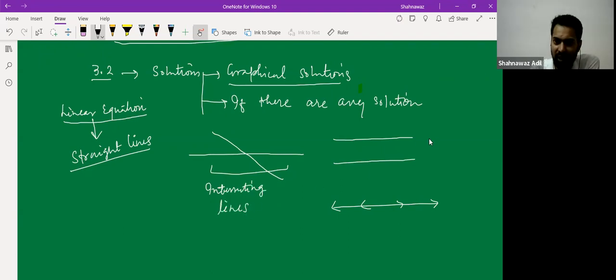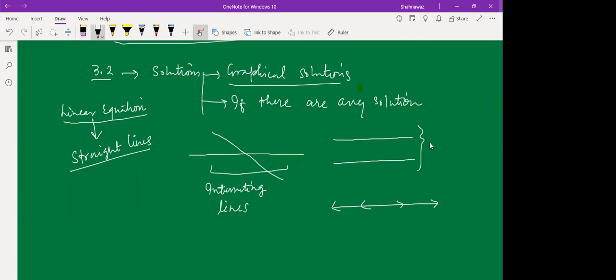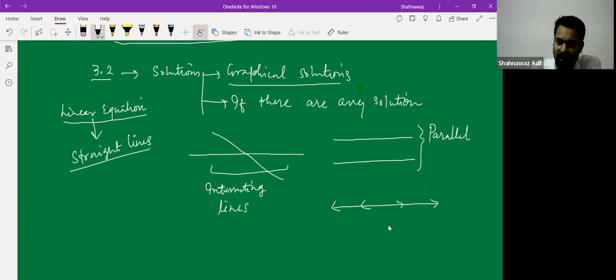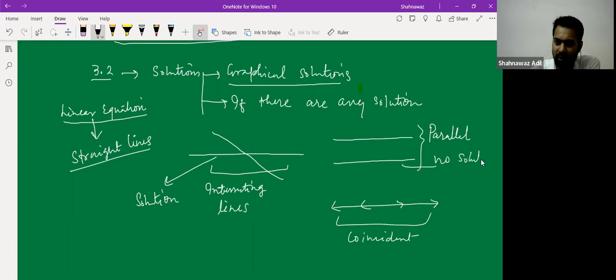Right, Rizwan? Am I correct? Yes, sir. So these are parallel and these are coincident. So this has a solution. This has no solution. And this has many solutions.